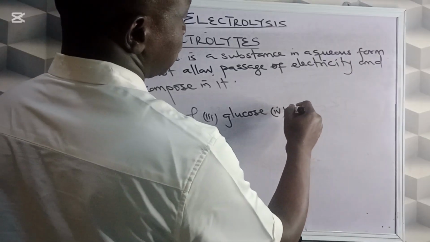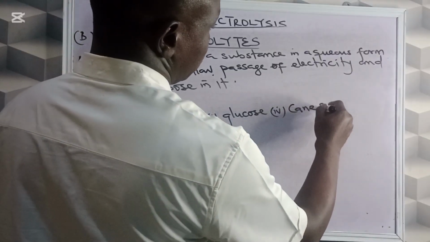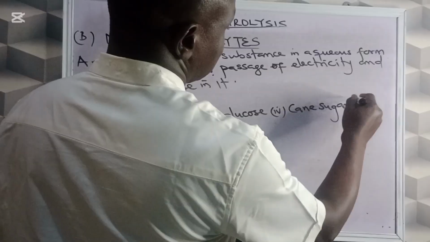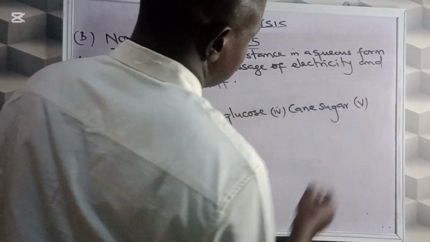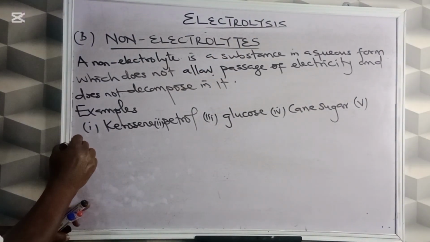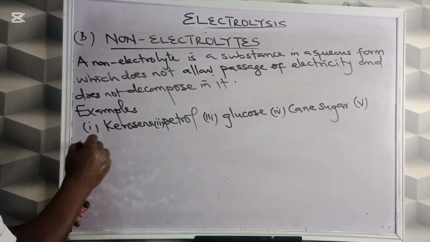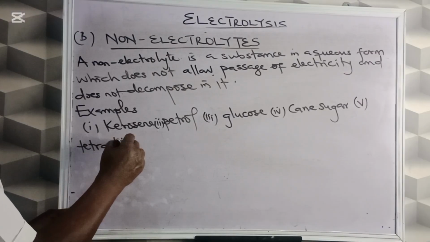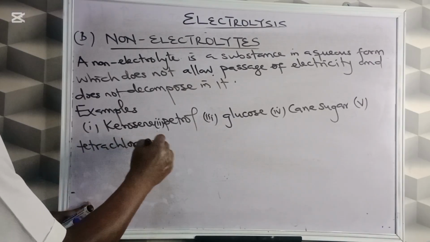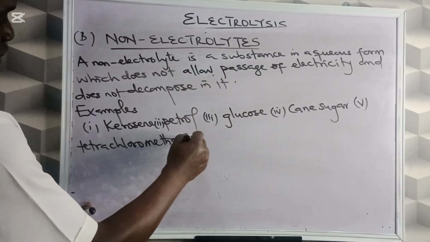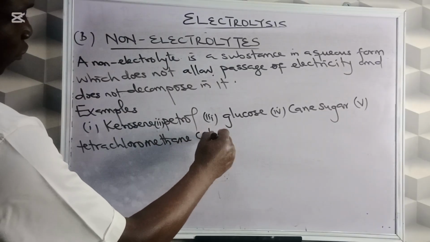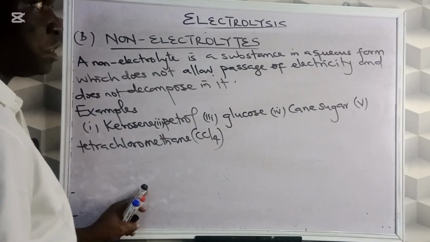Cane sugar, non-electrolyte. Tetrachloromethane, written as CCl4, is a non-electrolyte.